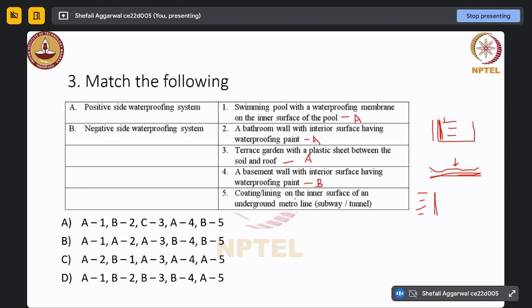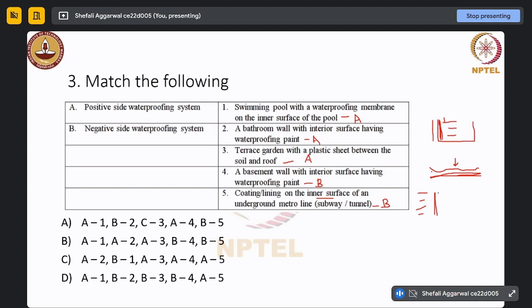Last is the coating or lining on the inner surface of an underground metro line. So same, it will be a negative side waterproofing system when we are providing lining on the inner surface of any wall or any metro line, and the soil is outside that concrete surface.